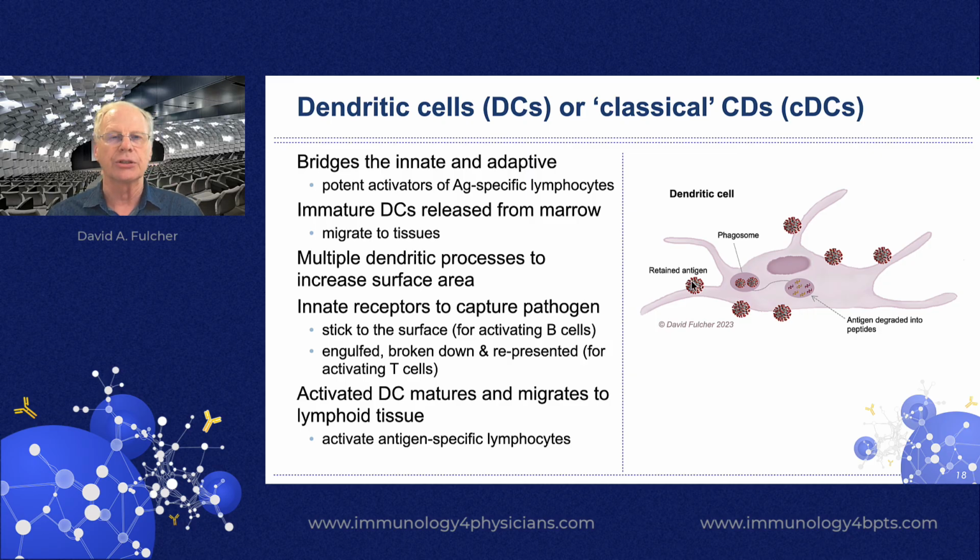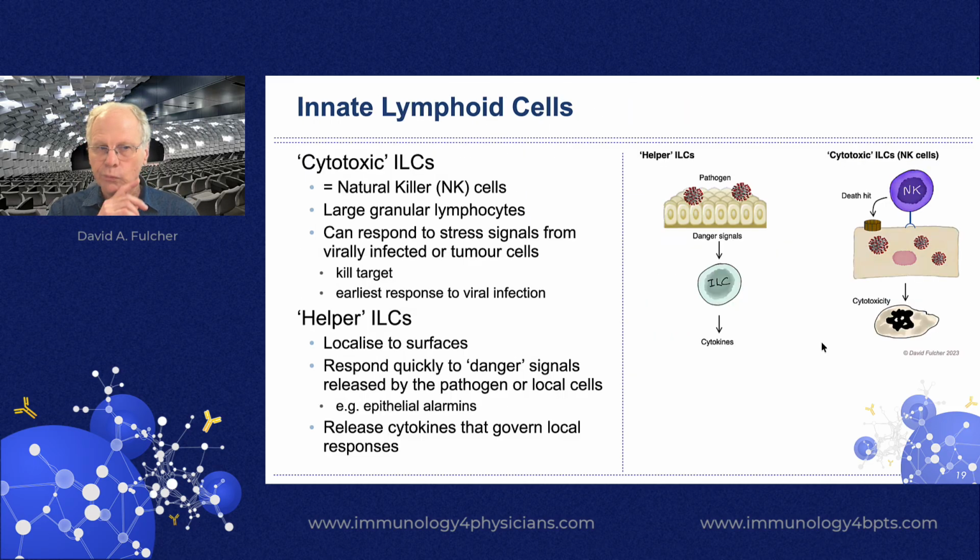The antigen on the surface is retained to help activate B cells, and the processed, broken down peptides, which occur in similar ways to macrophages, are then presented to activate T cells. So antigen-specific lymphocytes are activated by dendritic cells, which is their most important function. Now, we'll talk about those processes in this lecture and through the course.